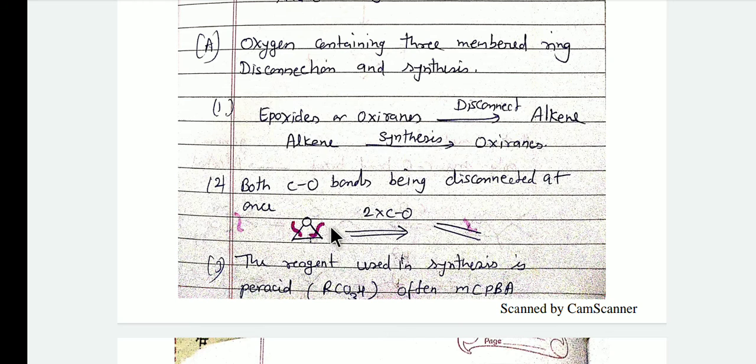When both C-O bonds disconnect at once, we write here the disconnection 2 C-O, and after disconnection at once we obtain ethylenic compounds.